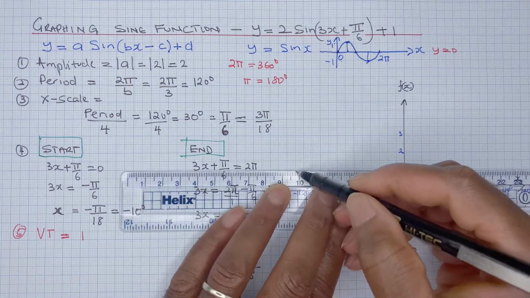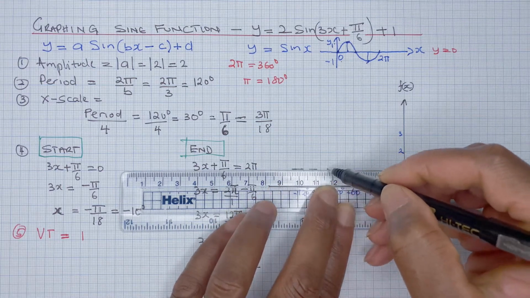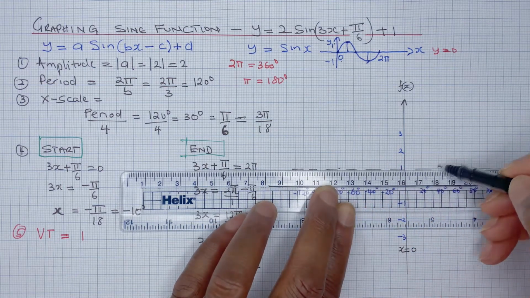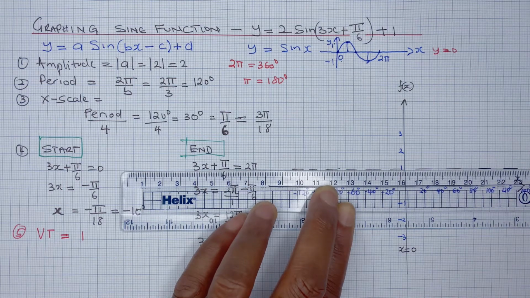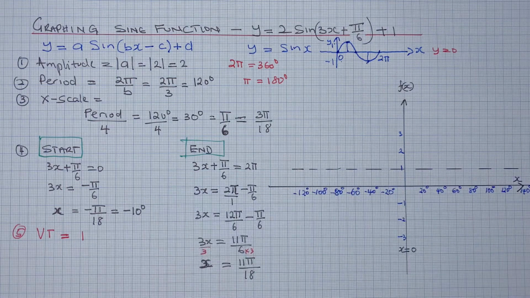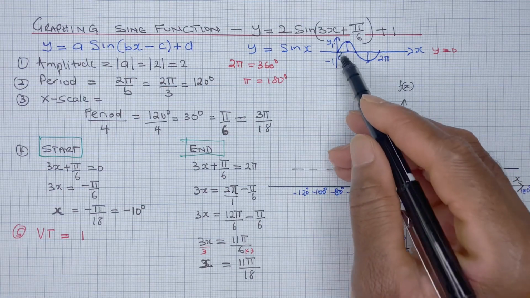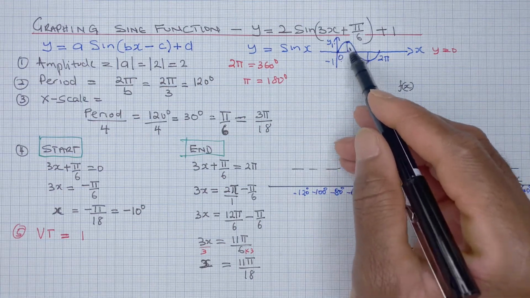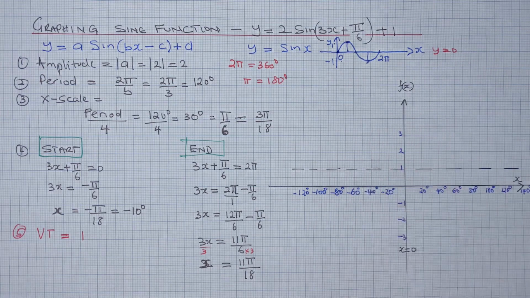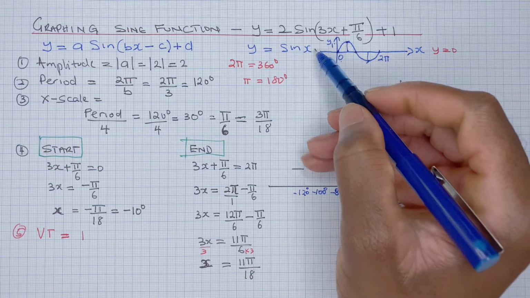So this is a line y equals 1. So that's where the graph is going to be resting on. This one is resting on the midpoint between, this is y equals 0.